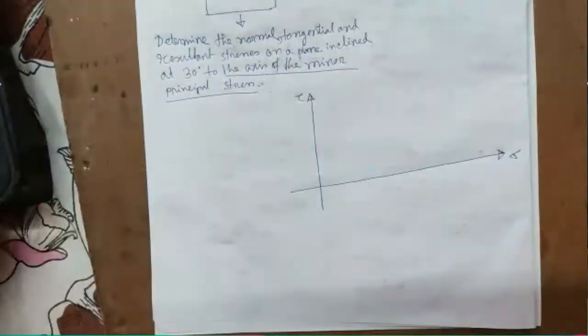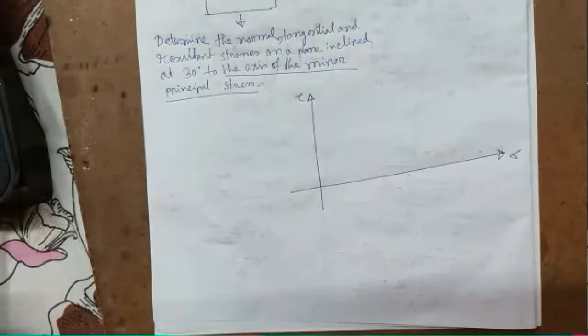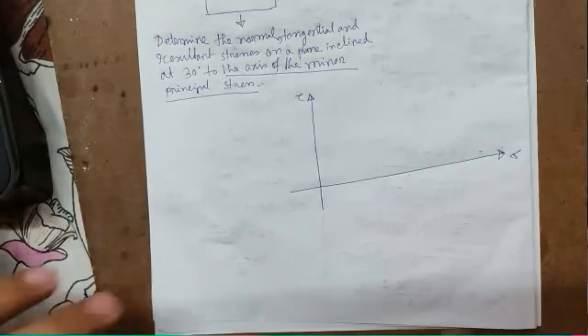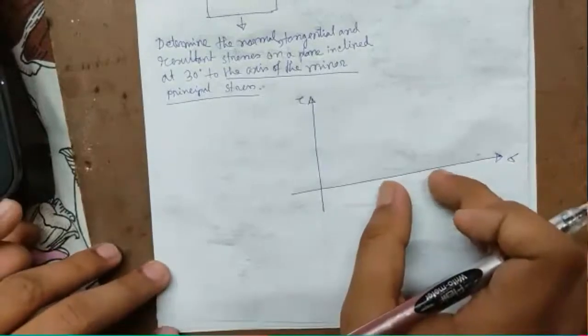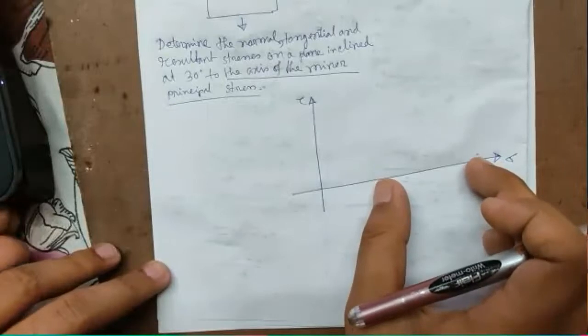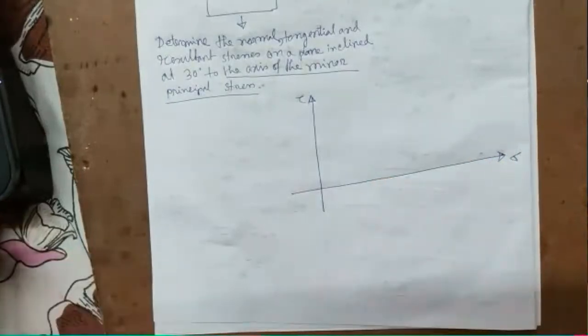Both are tensile, so along the same direction. We have to take a scale so that we have a long enough diameter to draw the circle. The diameter should be as large as possible, otherwise the circle will not be properly visible and properly measured.